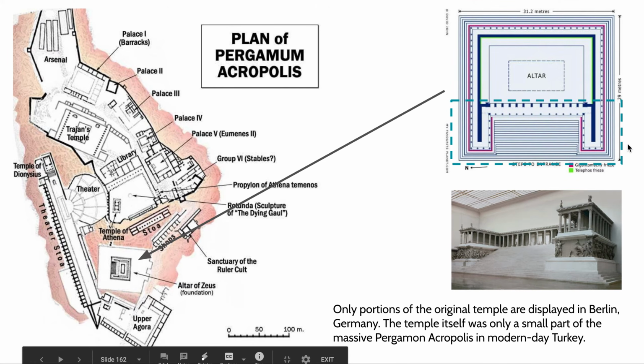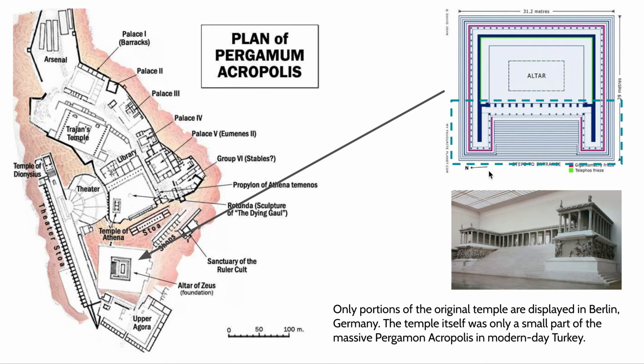So this is the section that was excavated by the Germans about 150 years ago and then transported to Berlin, where it currently resides. So there's an actual back portion of the altar right here that contains the actual offering spot, as well as this part of the porch right here.